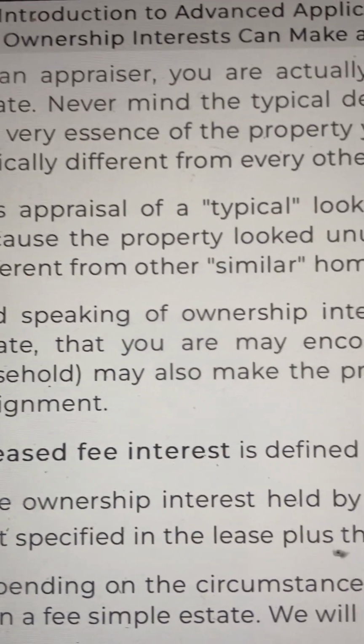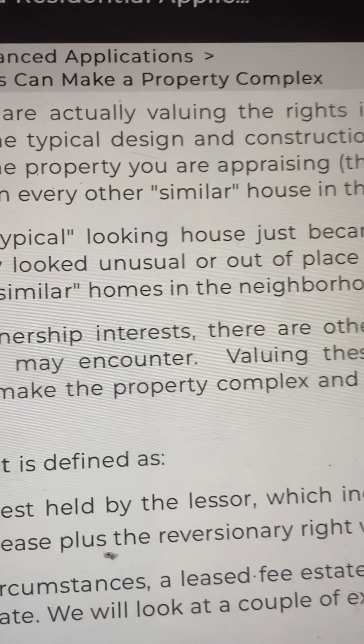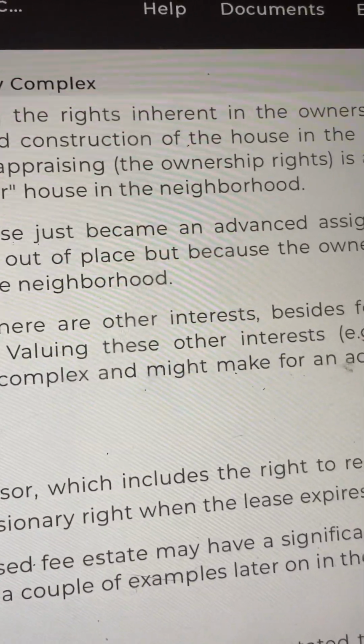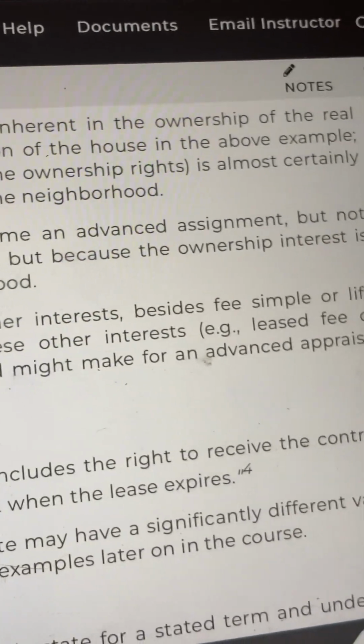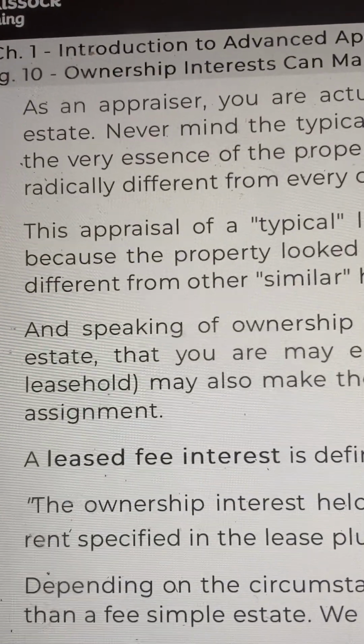As an appraiser, you are actually valuing the rights inherent in the ownership of the real estate.